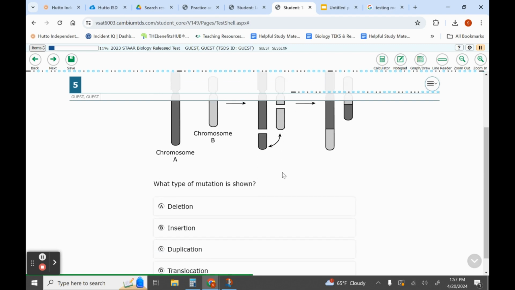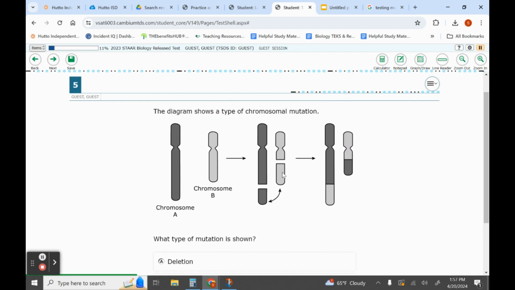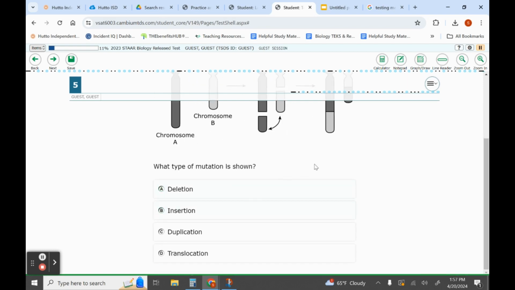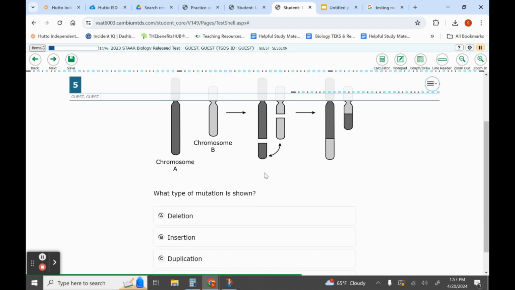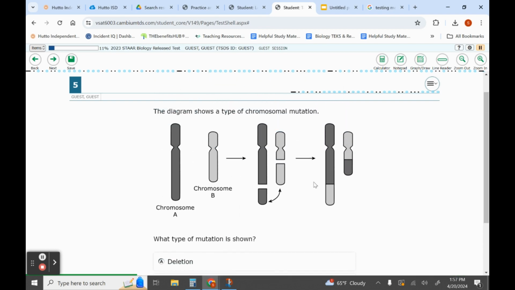So then, again, we're going process of elimination. The question is asking us what type of mutation is shown. So we have our four answer choices. Well, if I'm looking at this, was any part of this chromosome removed or deleted or not there anymore?